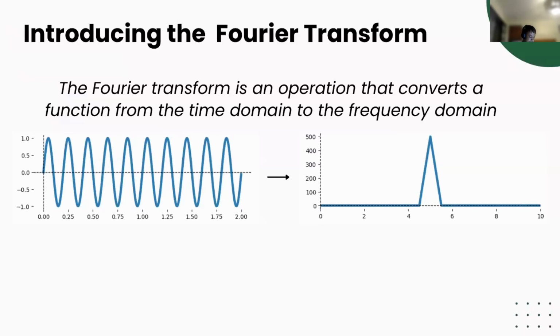And so what this means, this function here, this pure sine wave right here, is measured, it could be anything. It's measured in the time domain, this x-axis, but this could be a plot of pressure waves, like how sound moves through air at a given time.